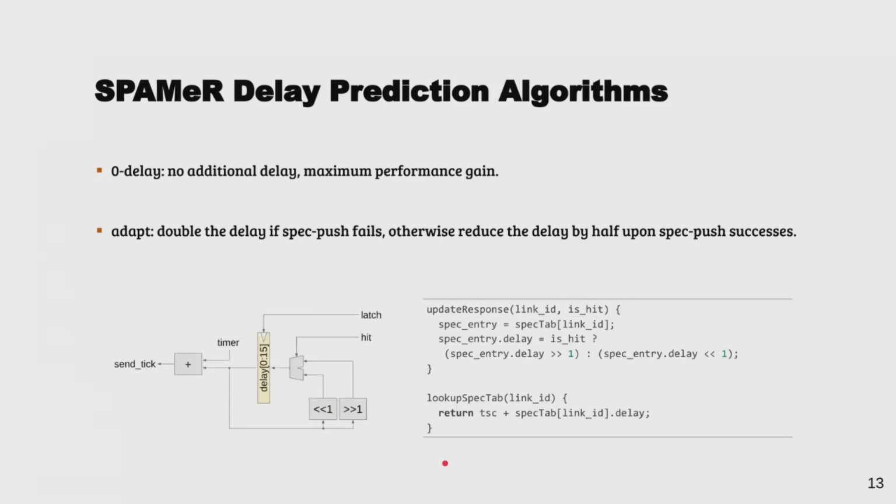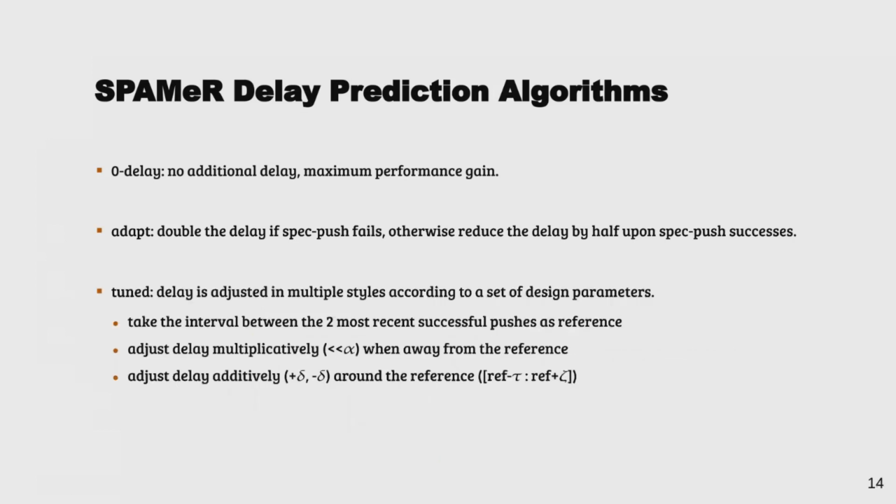The adapt algorithm can effectively learn the pace, how fast the consumers accept the message, for most of the workloads, while it is limited and fails to model some tricky situations. Therefore, we improve the adapt algorithm to adjust the delay with varying granularity. First, we calculate a reference interval from the most recent push history and set thresholds around the reference.